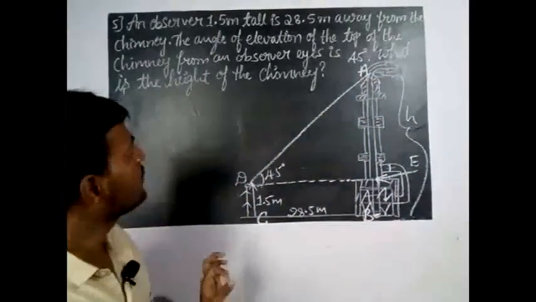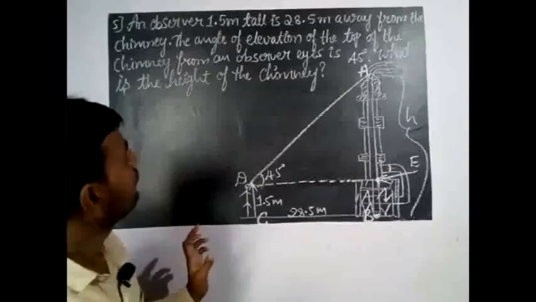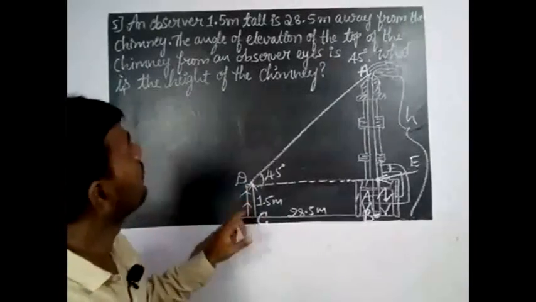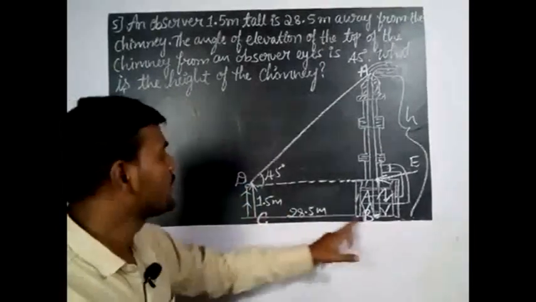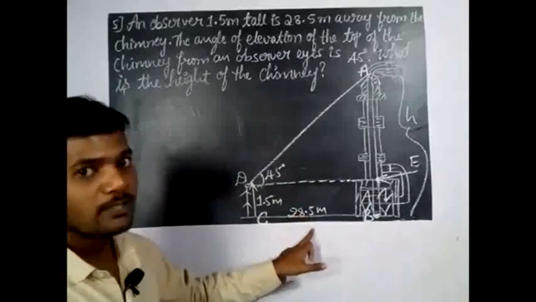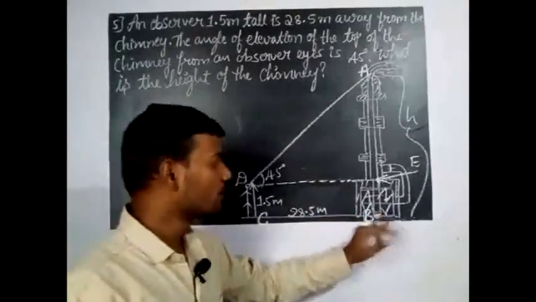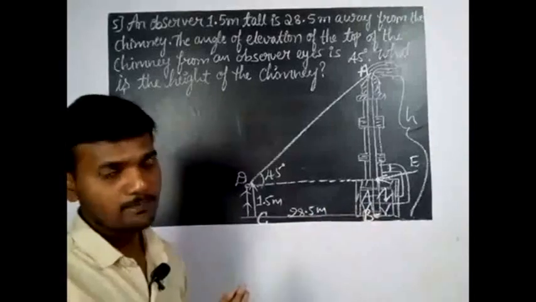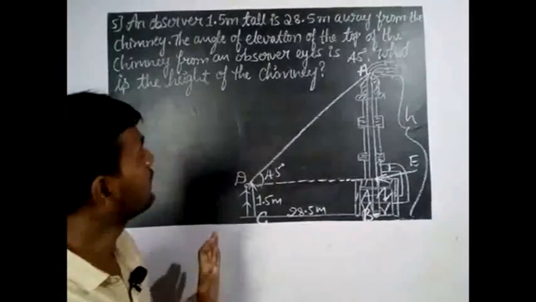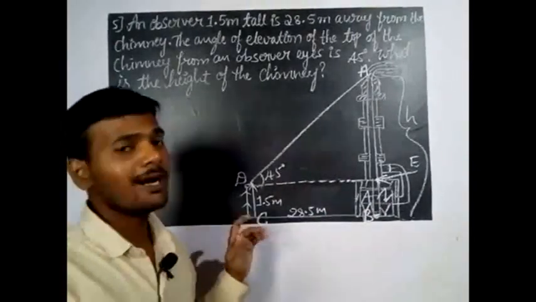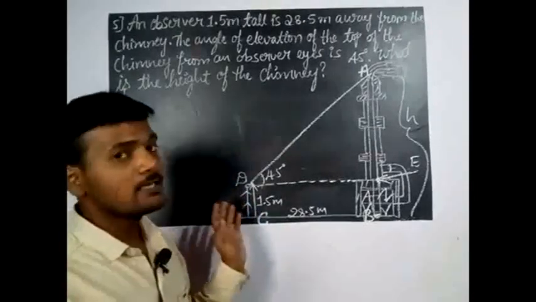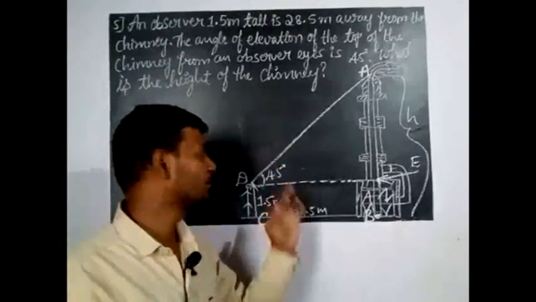Here they have given a 1.5 meter tall man or observer who is 28.5 meter away from the foot or base of the chimney, and the angle of elevation made by the observer's eye to the chimney is 45 degree.